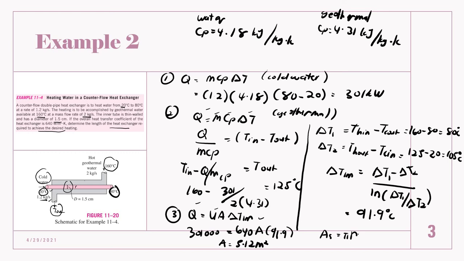So for this one, the surface area is pi times d times L. So the diameter given is 1.5 cm, which is 0.015, times L. So L is equal to 109 meters.